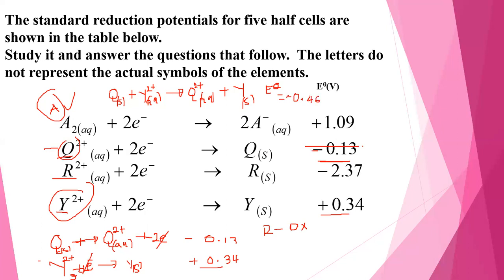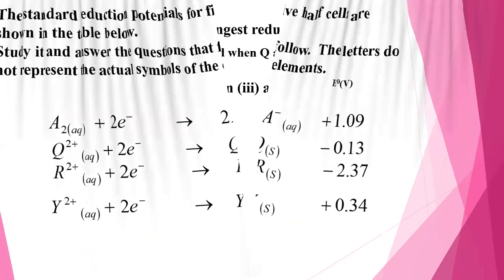You must write that charge. Now it is positive. For the reaction to take place, the E volt must be positive. If it is negative, then there is no reaction taking place.